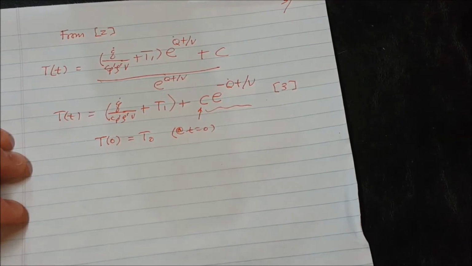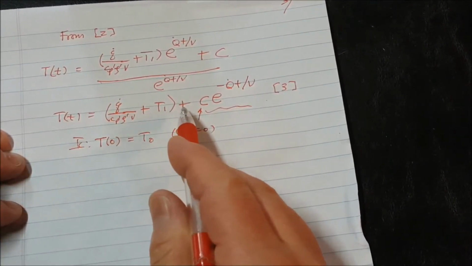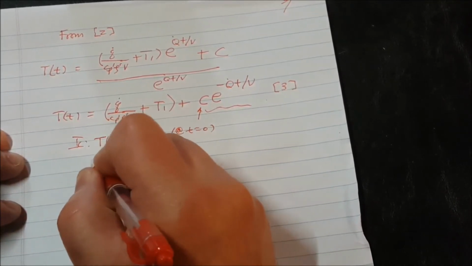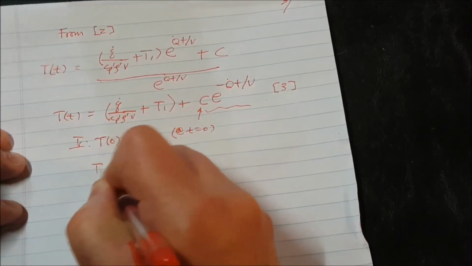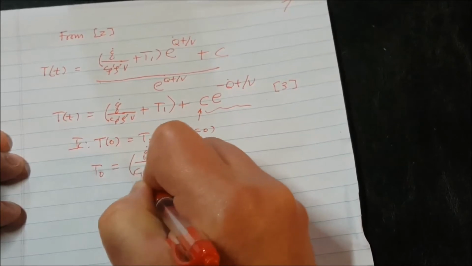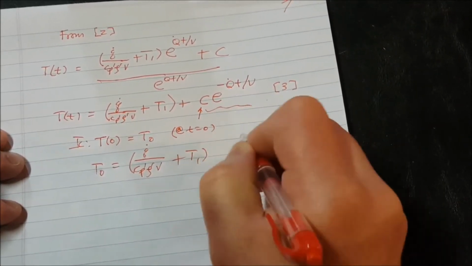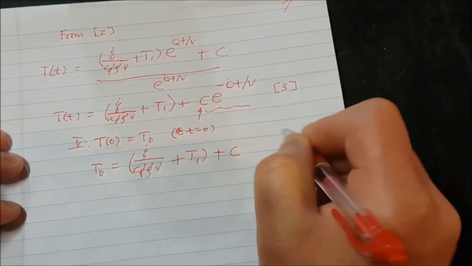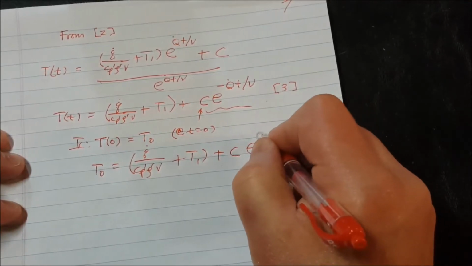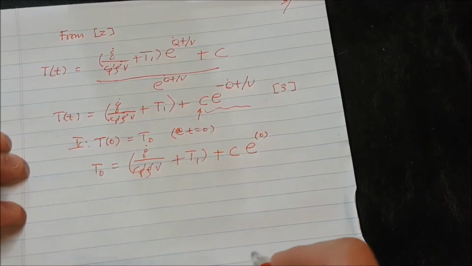Okay, so you can take that initial condition and plug it into this equation and determine C. If you do that, equation 3 becomes T0 equals, and then this annoying term again, plus C, and then e to the minus Qt over V equals e to the 0, because t equals 0, right?